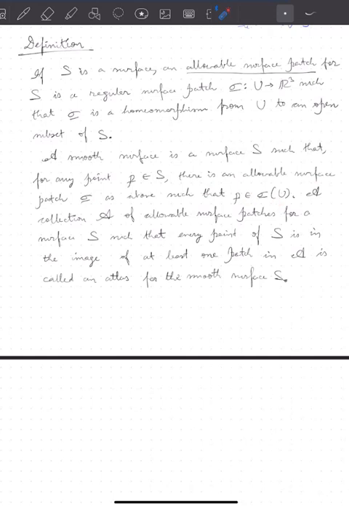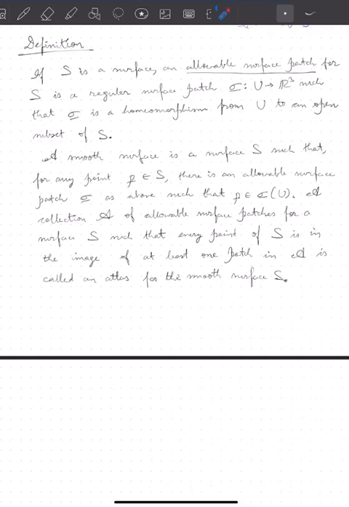So if we have this P in S, then there is an allowable surface patch for which P is an element of sigma vector U. Allowable surface patches are all those surface patches which are regular, and there is a homeomorphism from U to an open subset of S. So that's the understanding here.